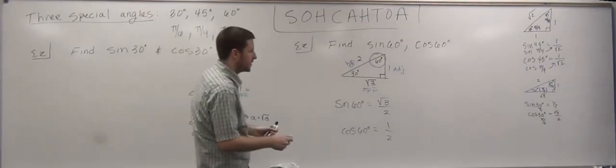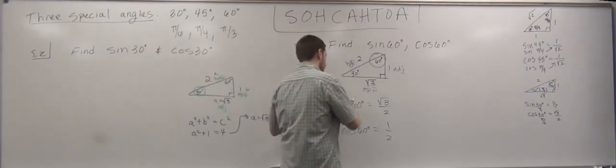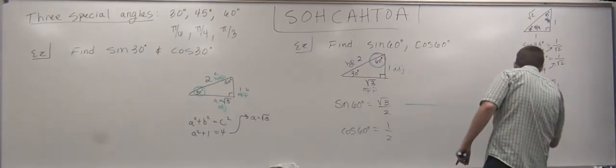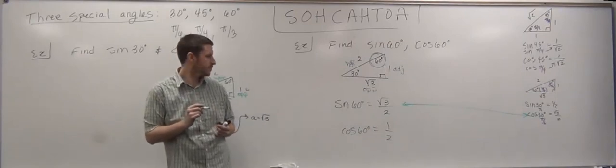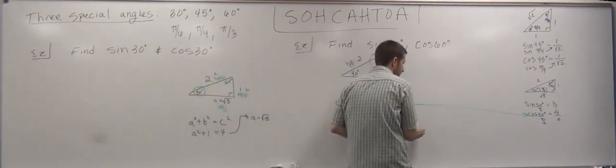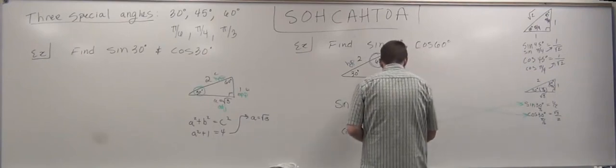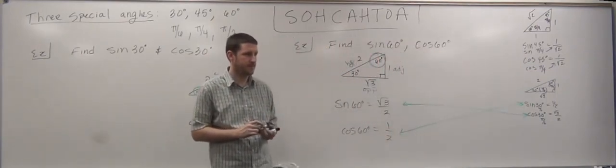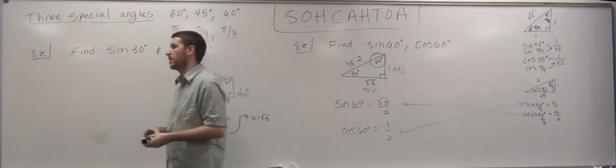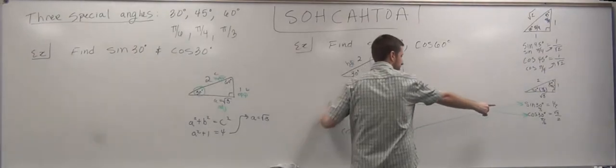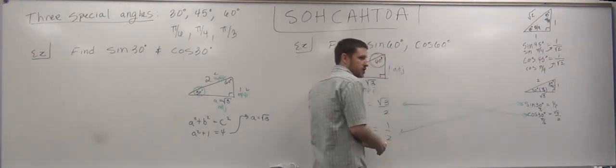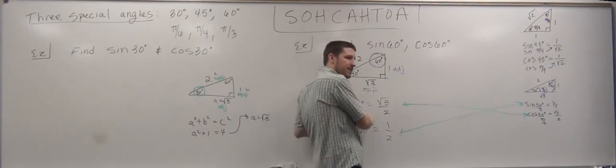And one thing you might notice if you're astute: the sine of 60 degrees and the cosine of 30 degrees are the same. And the cosine of 60 degrees and the sine of 30 degrees are the same. So the general statement here is that when you take a cofunction, see how sine and cosine are cofunctions, and you plug in complementary angles.